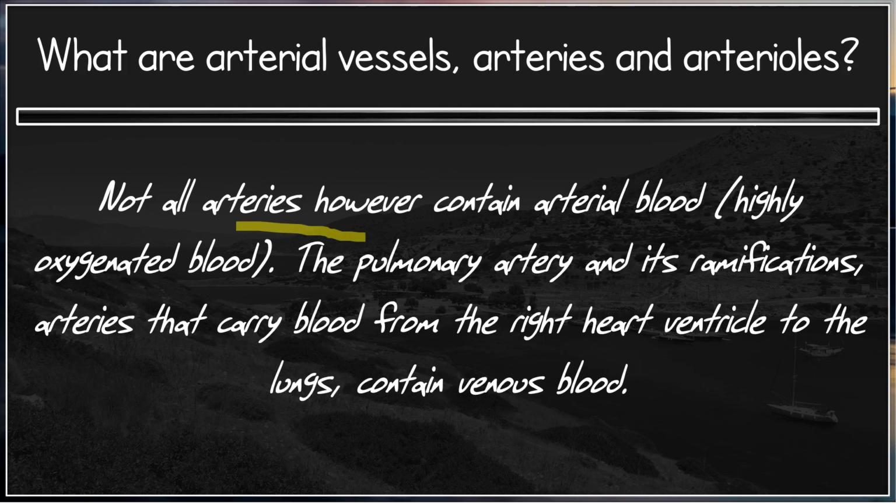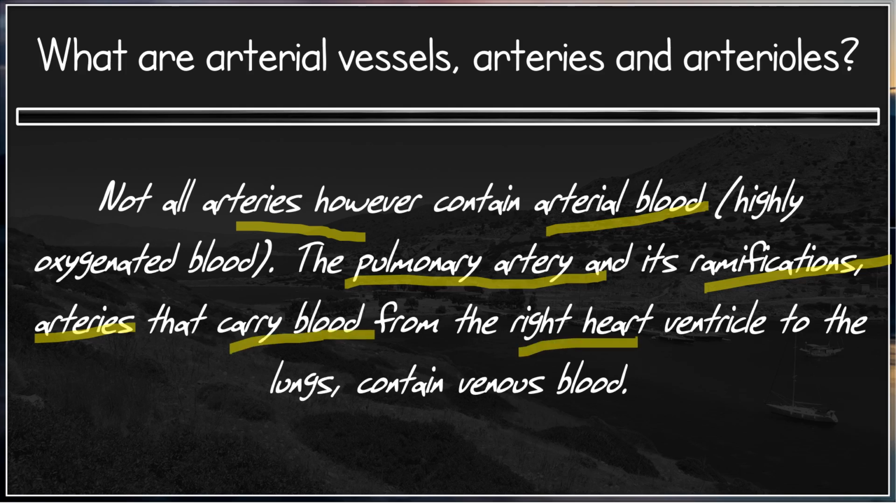Not all arteries, however, contain arterial blood, highly oxygenated blood. The pulmonary artery and its ramifications carry blood from the right heart ventricle to the lungs, containing venous blood.